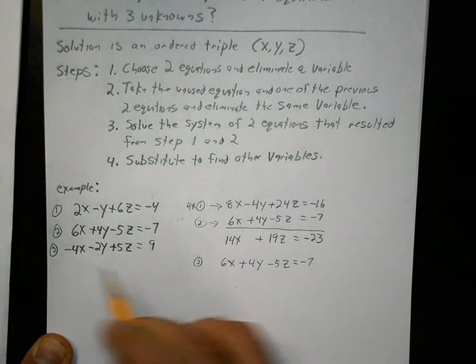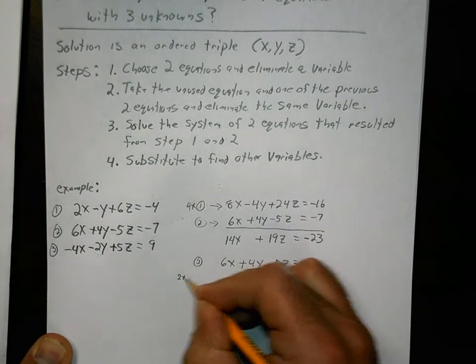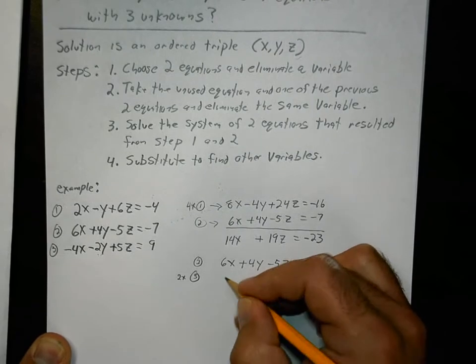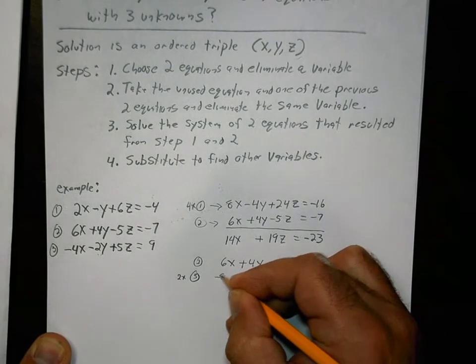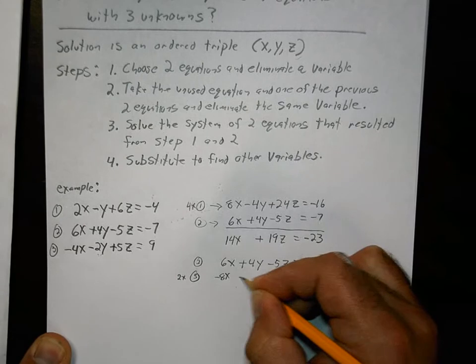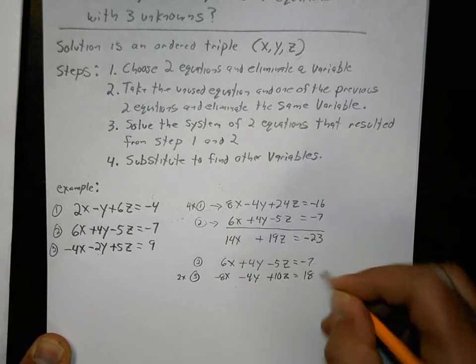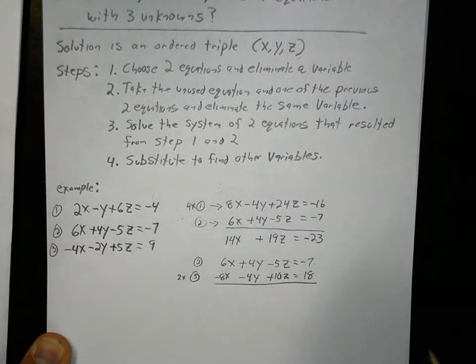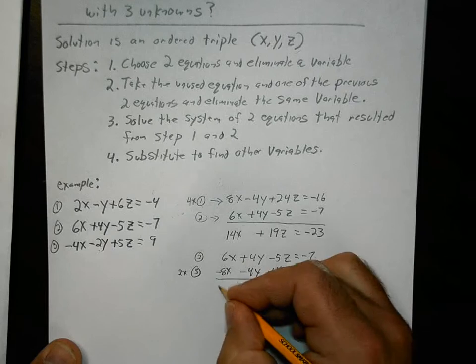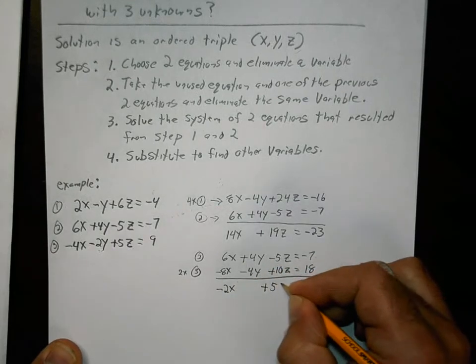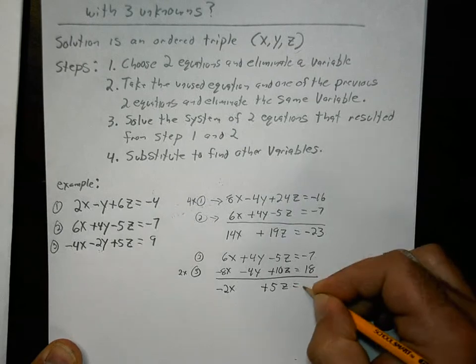And then I'm going to multiply 2 times equation 3, and let's see what I get here. So I get negative 2x plus 5z equals 11.